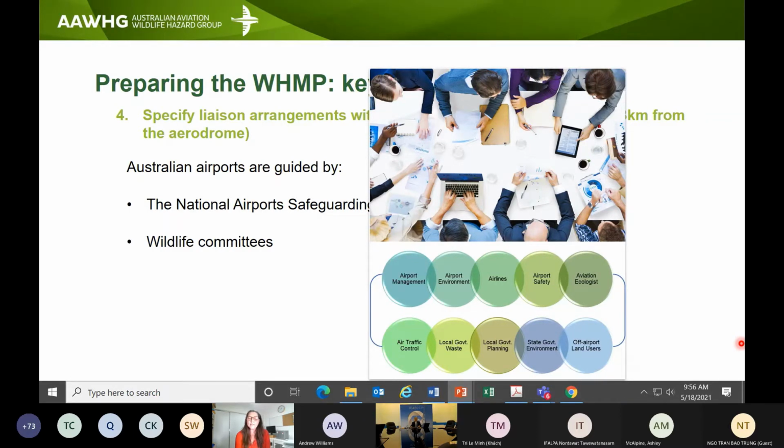The wildlife committees, those forums, provide a really effective means of identifying off-airport issues and finding a coordinated approach to managing and mitigating any risks that those land uses present.